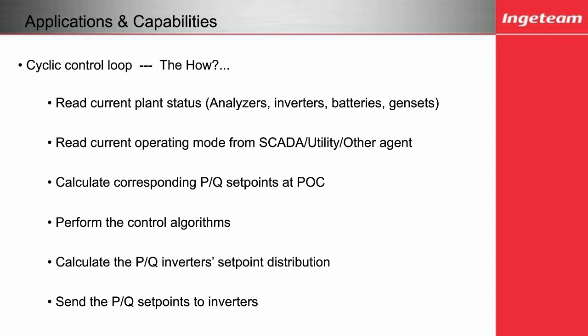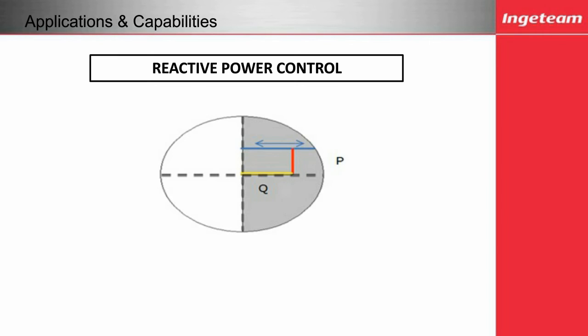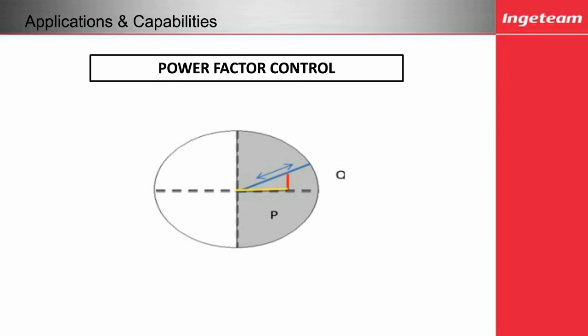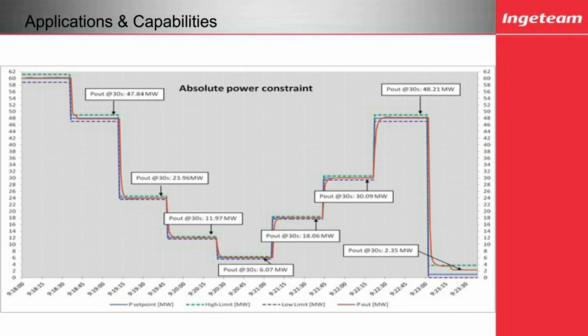A few, but not all, of the examples of capable controls that are out there: reactive power adjustment of active versus reactive power. Dynamically, the inverters have the capability in reactive power control for grid support or power factor control for grid support, the capabilities to make adjustments to the inverters via the plant controller. Here, an example of that absolute power.